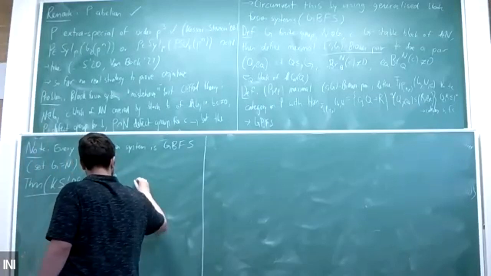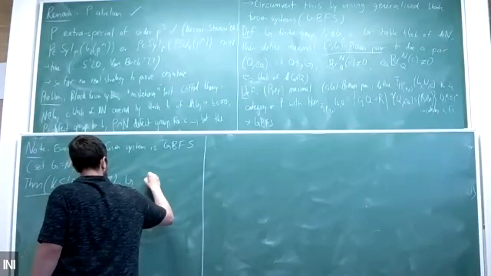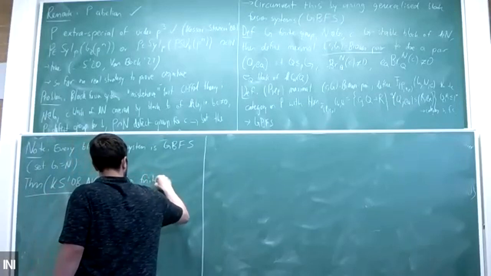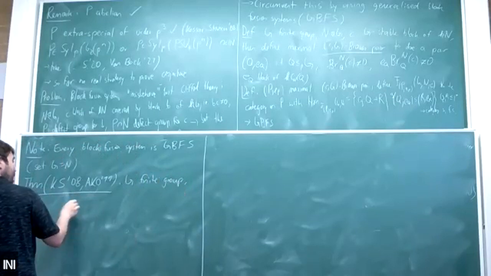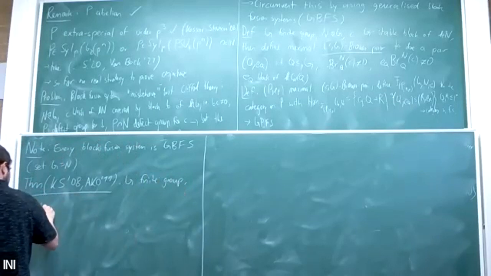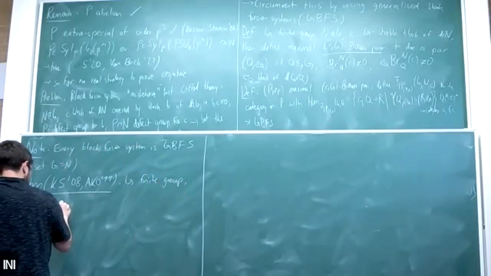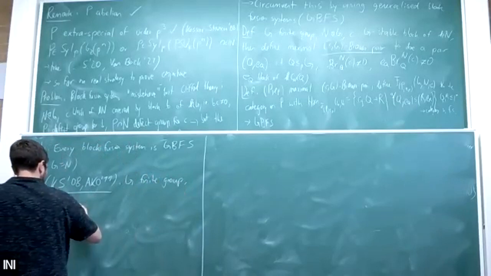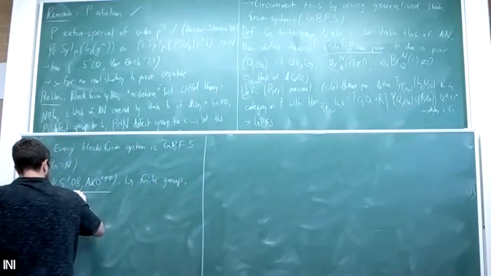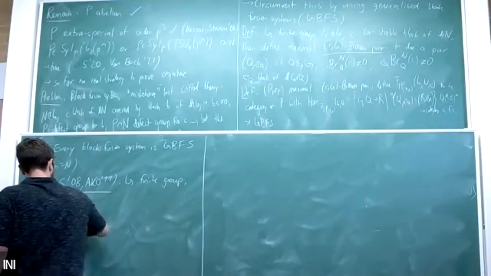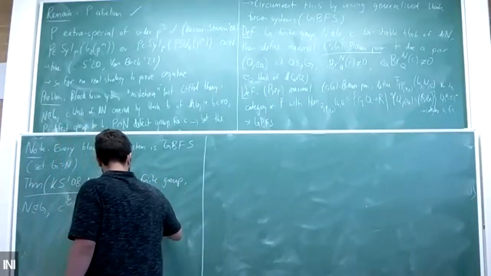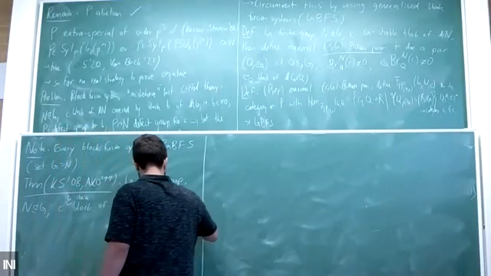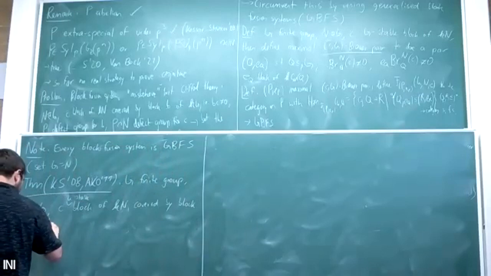So it goes as follows. We take G to be a finite group with a normal subgroup N, and C is a G-stable block of kN, covered by a block B of kG.